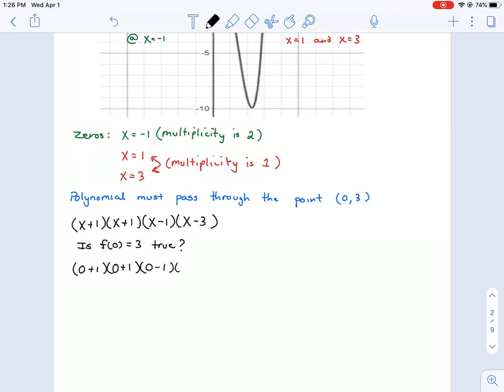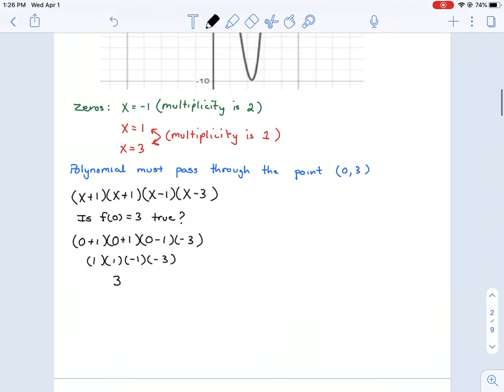If it's not, we're going to have to do another step. So if you substitute 0 in for x, you'll notice that the product is 3.